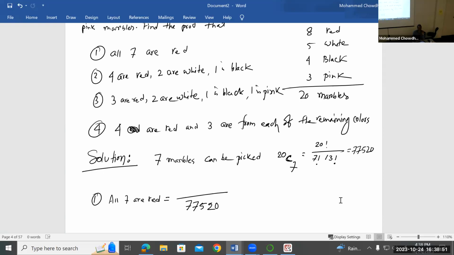So 7 red marbles can come only from the 8 red marbles, right? So that should be 8 choose 7. 8 choose 7 is equal to 8. How? Take a look at that.